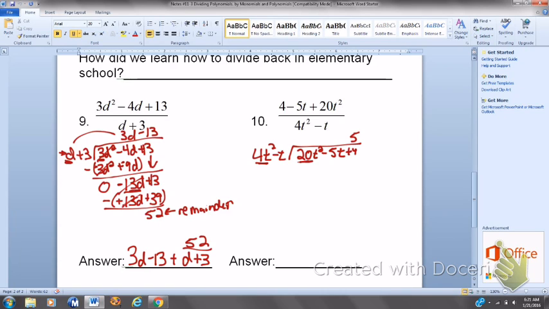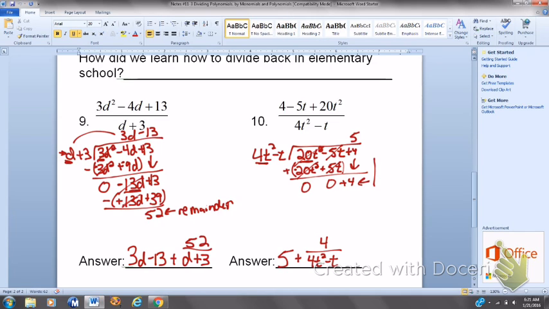Since it's just 5, I'm going to place it down here where the ones are. 5 times 4t squared is 20t squared. 5 times negative t is negative 5t. But remember I'm subtracting that, so it's really minus 20t squared plus 5t. What happens there is the 20t squareds cancel, the 5t's also cancel out, and all that leaves me is the plus 4. There's my remainder. So my answer is the 5 plus the remainder over 4t squared minus t.